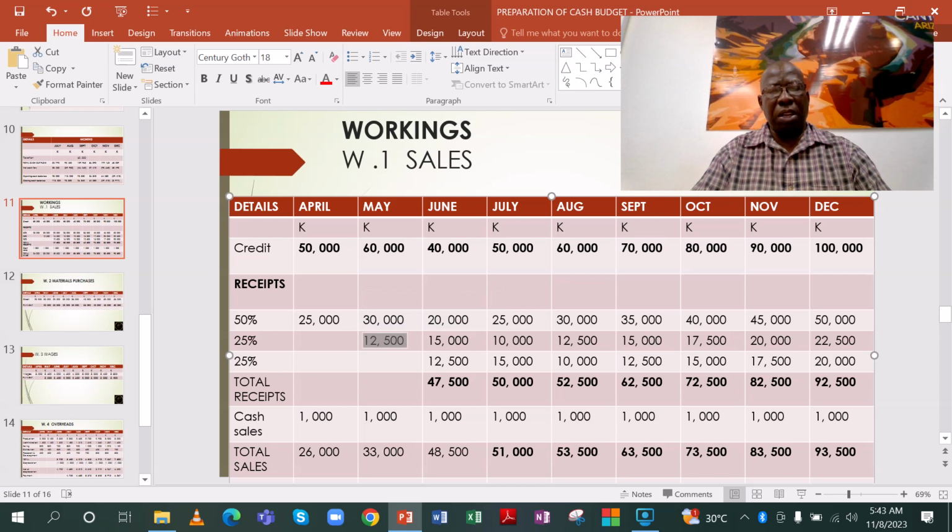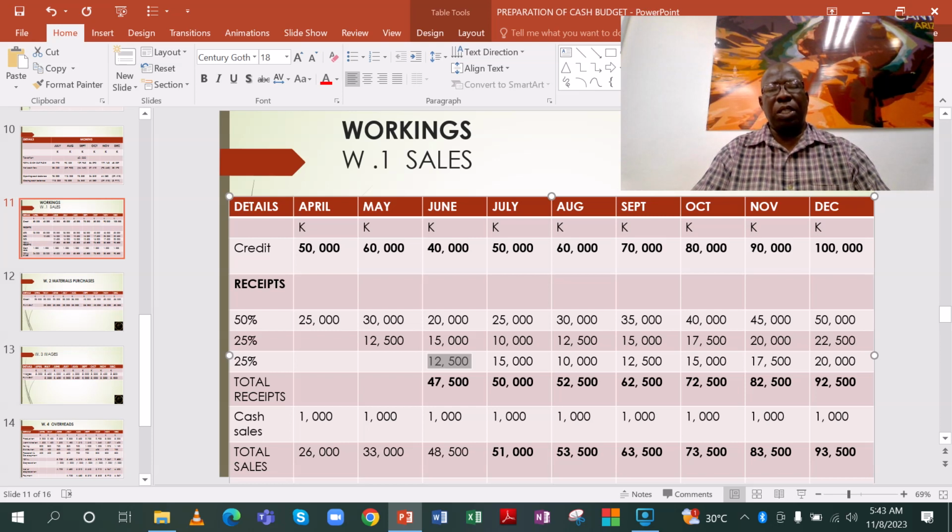Then the next 25% of 50,000 will be in the month following May, which will be again 12,500 coming in June. So you can see how this 50,000 will be paid by the customer: 25,000 in April, 12,500 in May, and then 12,500 in June. Then it means that the customer has paid up.